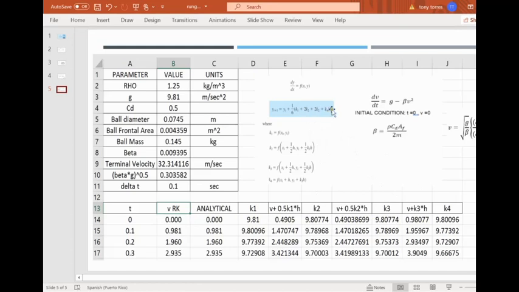And here is the K4, and all that multiplied by 0.1. And that hits you with 0.981. All right, when you have this value, then you have to modify again your K1, your K2, your K3, and your K4, and the arguments as well.